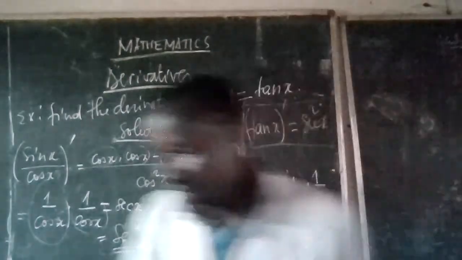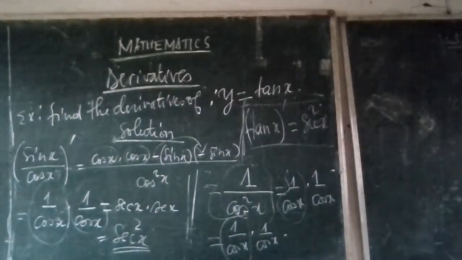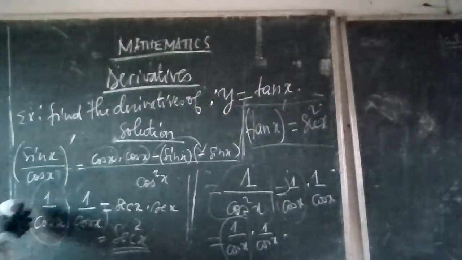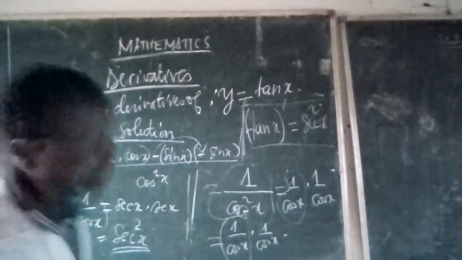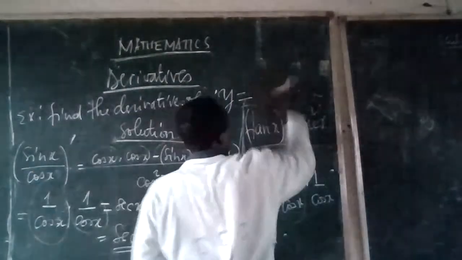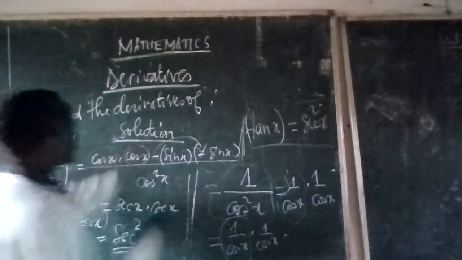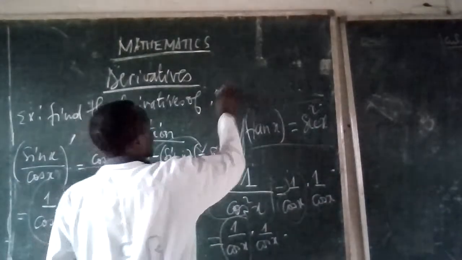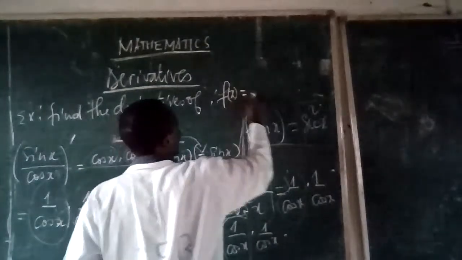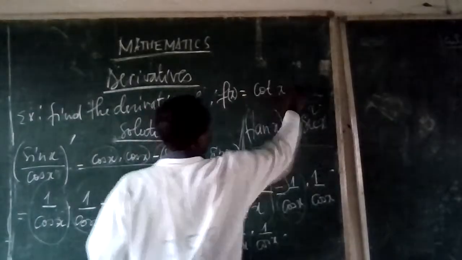So now let us continue. Let me give you another example or another exercise that you have to do personally. Let us also find the derivative of f of x is equal to cot x.